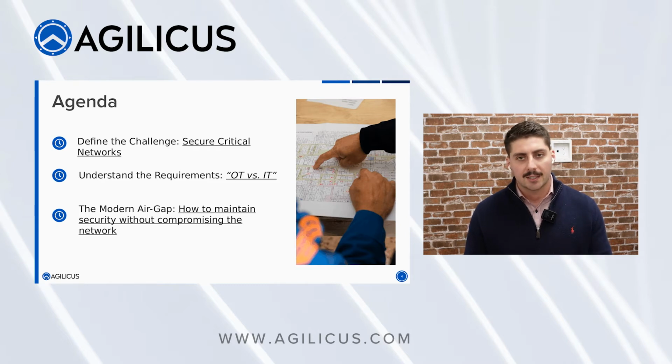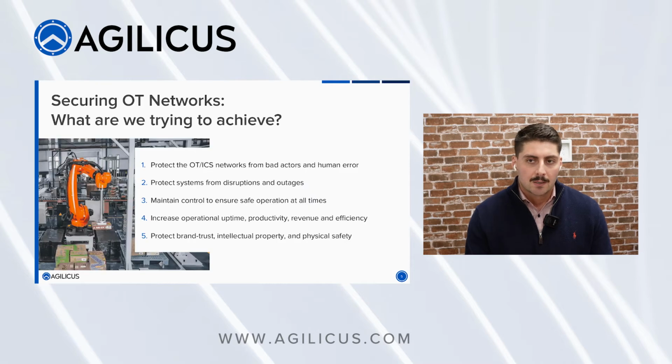So here's the challenge, here's the gap, what are the requirements, what do we need to achieve? This is often framed in the typical OT versus IT conversation, but we're going to explore what that means. And then finally, we're going to highlight how many of the industry leaders are moving towards a new framework called Zero Trust, and how that ensures security across all of their industrial sites and their many networks as well.